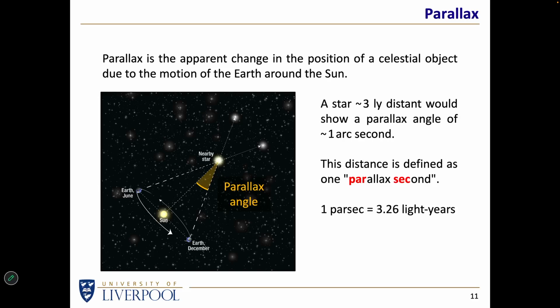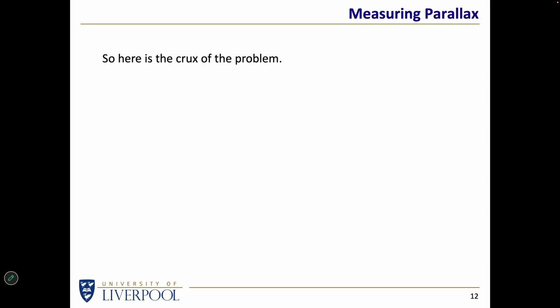But we really need measurements much better than that if we want to measure distances to stars accurately. So here's the crux of the problem. If we want distances, the only feasible way of getting distances to the stars is this idea of parallax, as the Earth moves around the sun and gives a different perspective when you look from different points in the Earth's orbit.